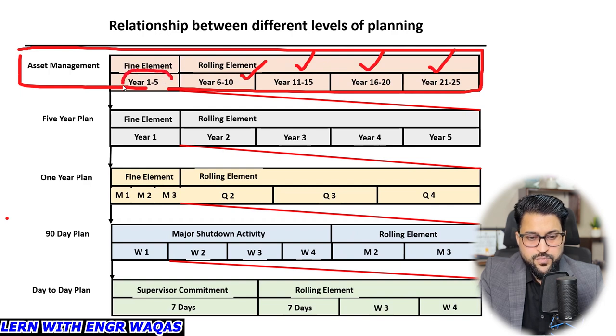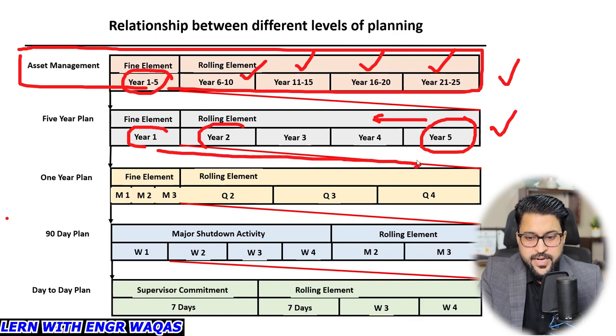But the most immediate one you will take, and this will be over here, and further it will be broken down into smaller components. Like this is 1 year, then 1 year, then 1 year, and then 1 year. This is the 25 years plan, this is the 5 year plan. Then take this 1 year and divide it on a quarterly basis: quarter 4, quarter 3, quarter 2, and quarter 1 is 3 months.